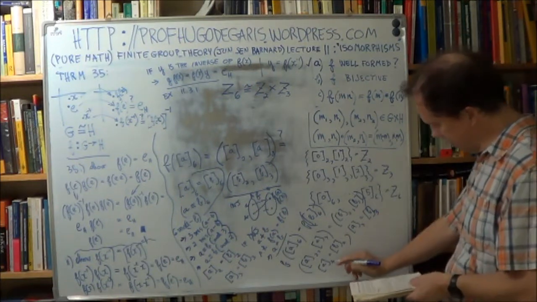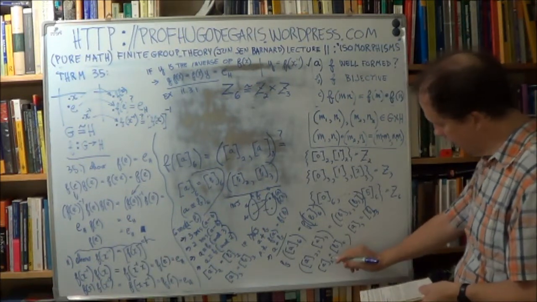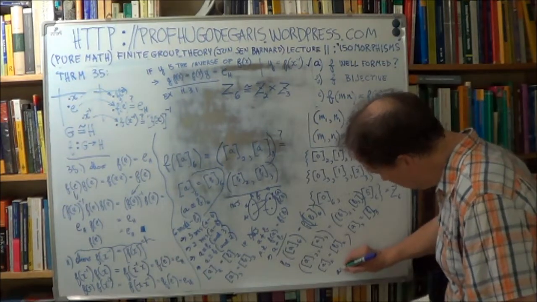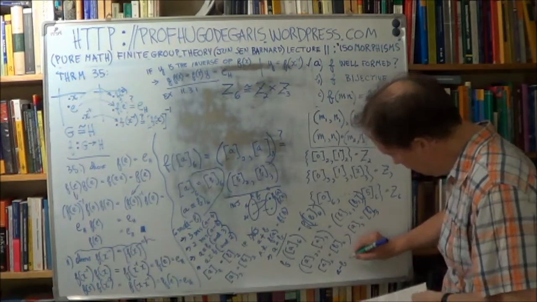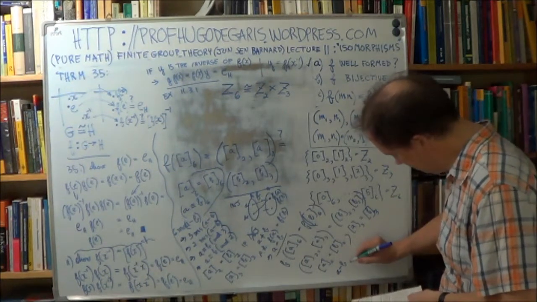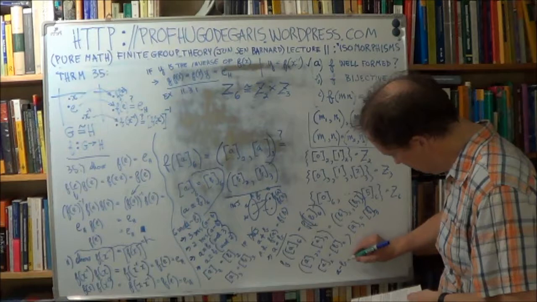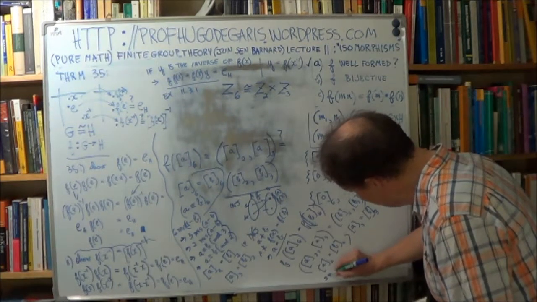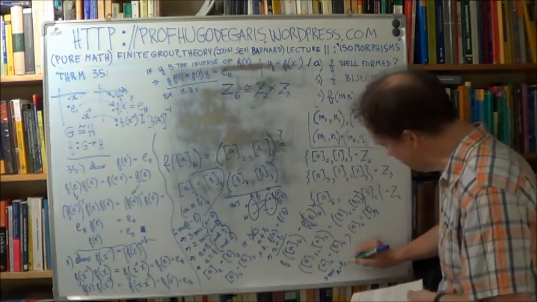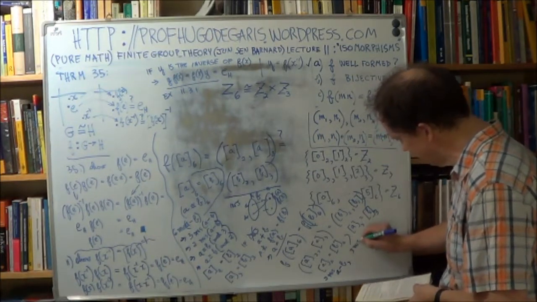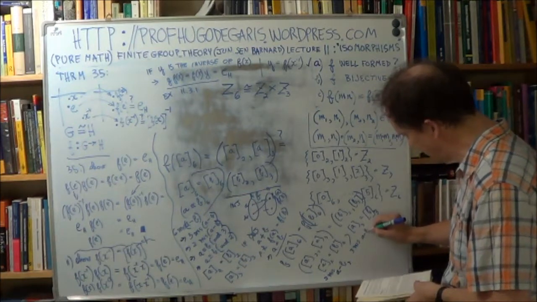All right. Now what? So if this is true, that means a and b are congruent, and therefore 2 divides a minus b, and similar logic here, 3 divides a minus b.